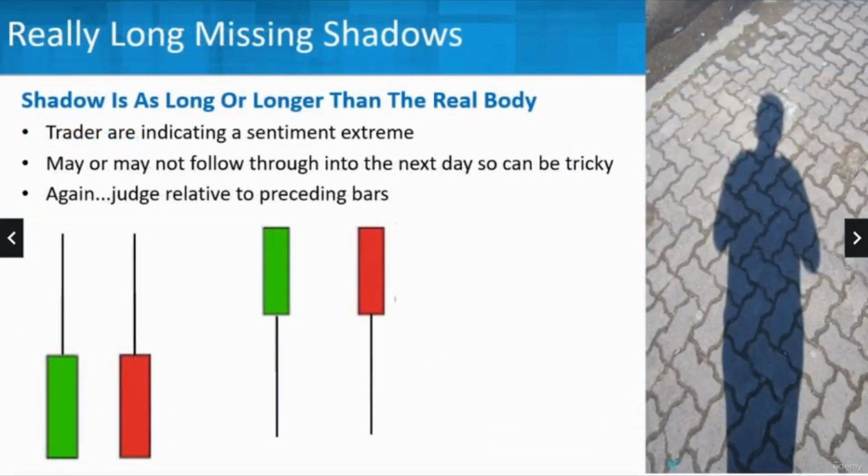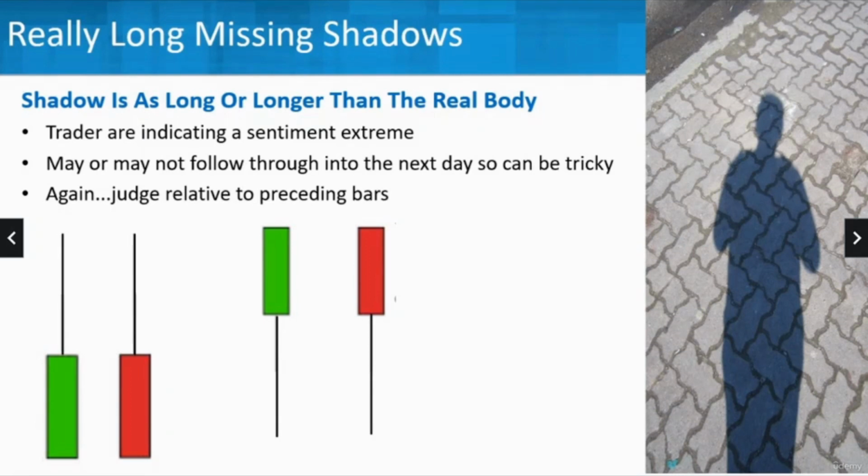Now, these missing shadows, shaven bottoms or tops, if they're really long, that can mean something too, as far as the wick or that range being very long. So the shadow is as long or longer than the real body, right? That's the key you're looking for, these really long wicks around them, and they've got to be longer than the actual real body itself to be a true, long type of missing shadow.